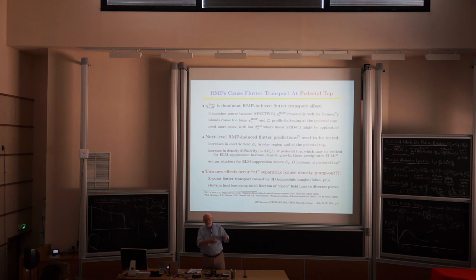So if you wiggle the field lines, the things that are going to move are the electrons. And so that actually is a non-ambipolar electron loss. And so the electric field has to build up positive to try to hold it back. And this is a more subtle effect that we need to be testing in the theory, and that increases the density diffusivity, and so forth. So we're sort of happy about that.